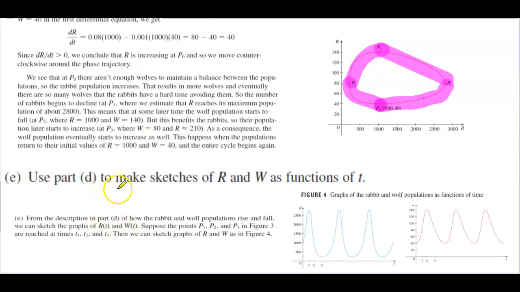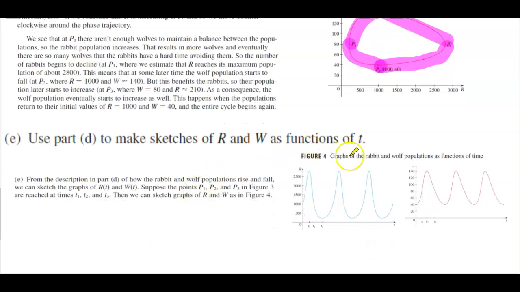Now, we use part D to make sketches of R and W as functions of t. From the description of how the rabbit and wolf populations rise and fall, we can sketch the graphs of R(t) and W(t), and suppose the points P1, P2, and P3 in figure 3 are reached at times T1, T2, and T3.